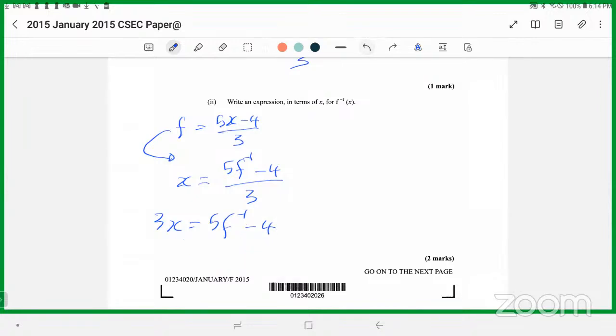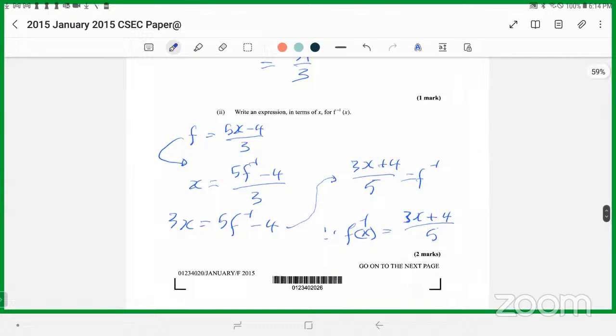So we get that 3x plus 4 over 5 is f to the minus 1. So we can say, therefore, f to the minus 1 of x is equal to 3x plus 4 over 5. That is it. F to the minus 1 of x.